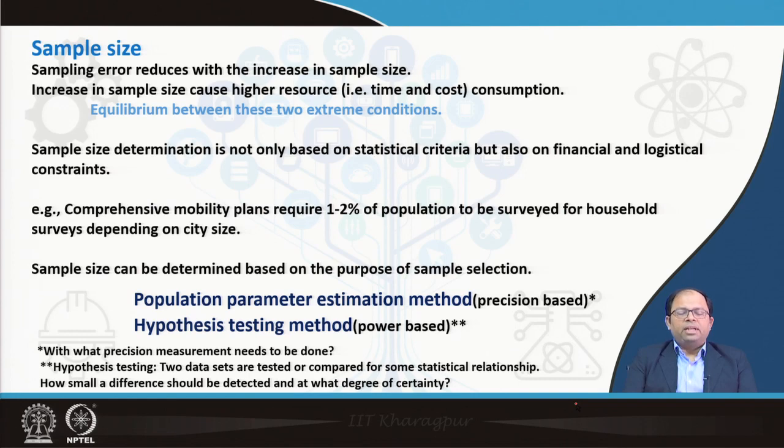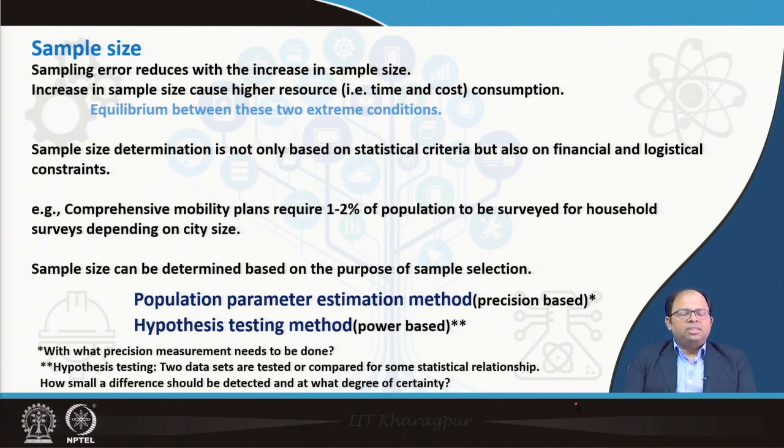That is where we need to be careful, or we can also reduce the sample size a little following certain strategies and procedures. So statistical criteria alone are not enough. We also need to consider the logistical aspect, whether that kind of sample can be collected or not, and the financial criteria as well.